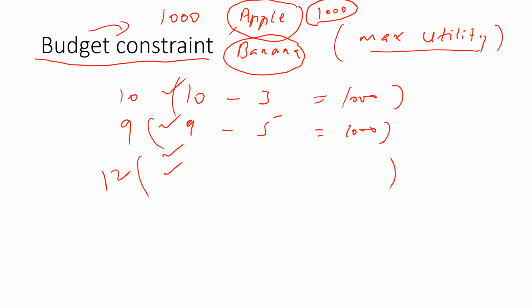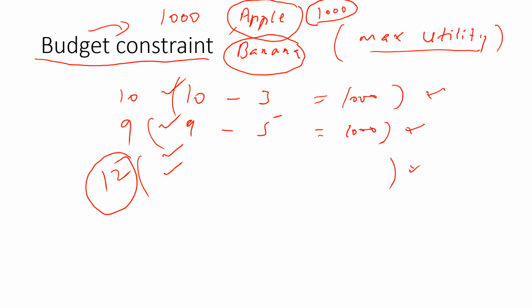You know that all these baskets cost him 1000, so which of these baskets will he choose? He will choose the basket that is giving him the maximum utility, and that is 12. So now we have understood the basic idea of this budget constraint.